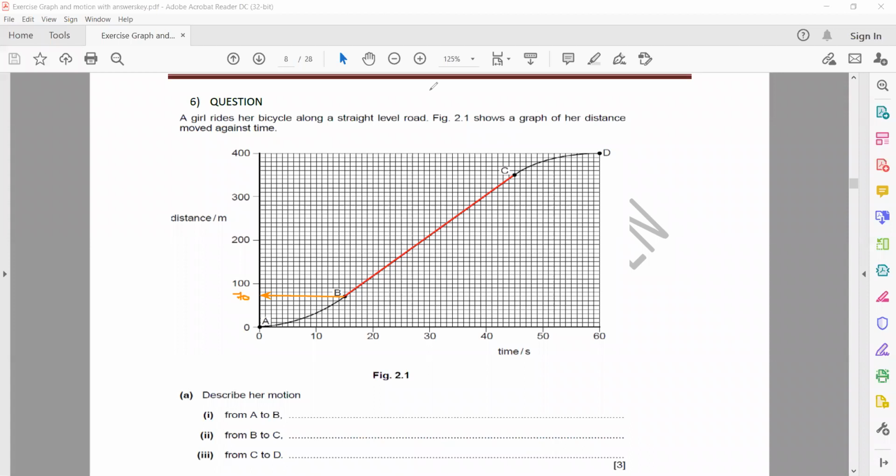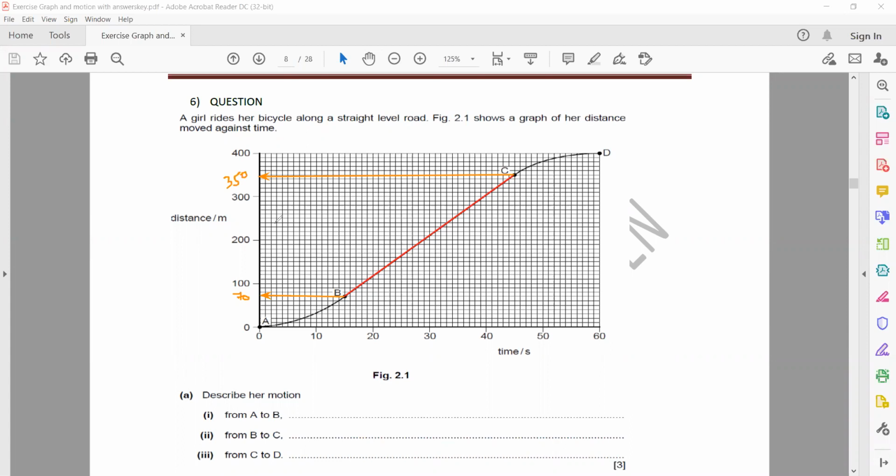And the distance at C: 310, 20, 30, 40, and I guess it will be 350 as it is in between.